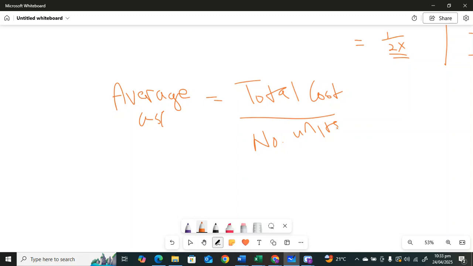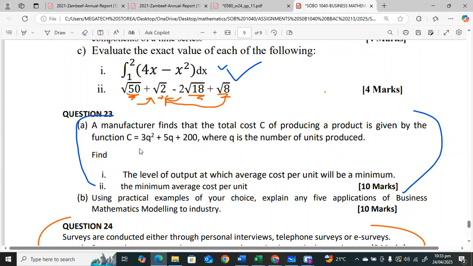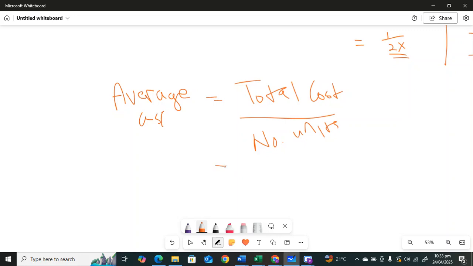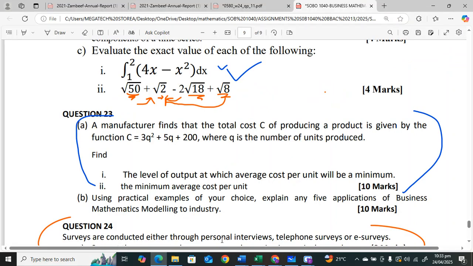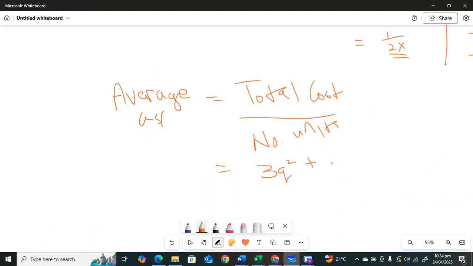Now, in this question here, our cost is 3Q squared plus 5Q plus 200. So you put it there: 3Q squared plus 5Q plus 200.